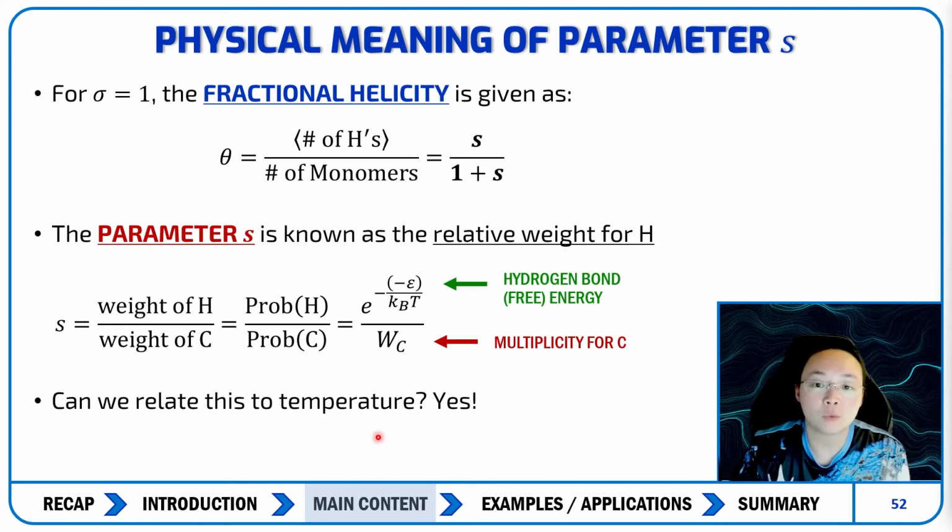From previous slides, we know that the probability of a helical state is given by e to the power of the hydrogen bond free energy divided by kBT, and the bottom would be the multiplicity of a coil state. So being able to define S like this allows us to go back and relate this to temperature, because we now have a temperature term in here. So with the kBT term, we can now go back to the graph that we had before and do a little bit more of an analysis.